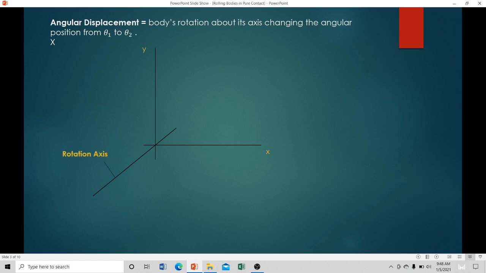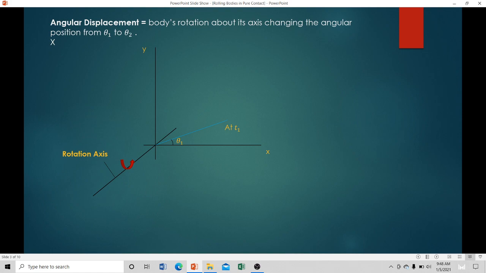In this Cartesian plane, we have the y and x axis, and then we have a rotation axis that is perpendicular to the y and x axis, passing through the point of origin. At the initial time, or time 1, we have this position, or what we call theta 1.